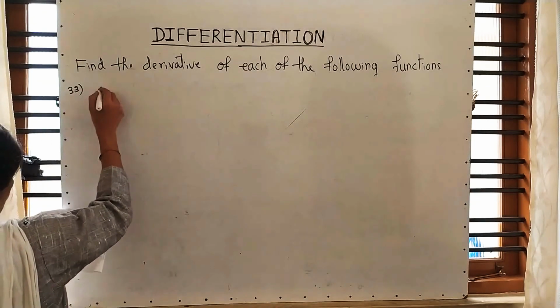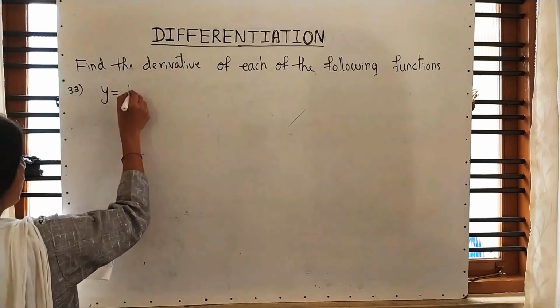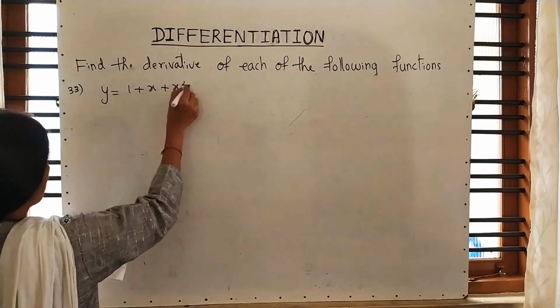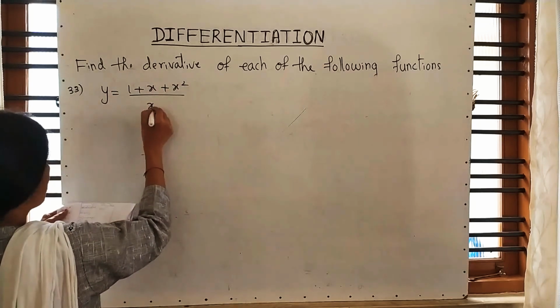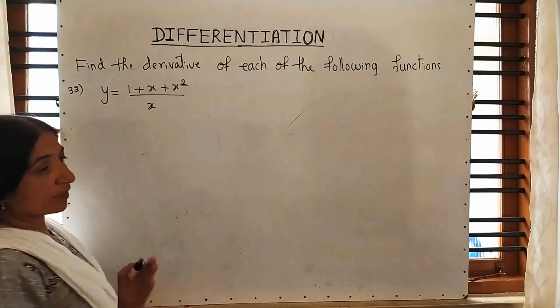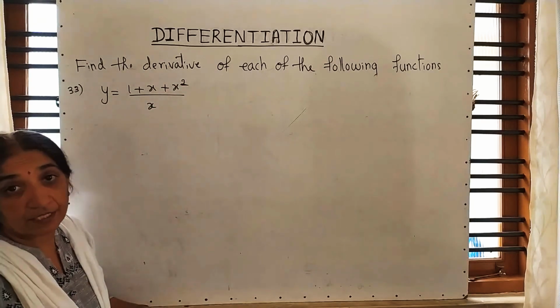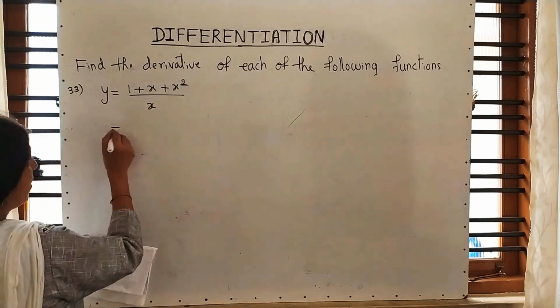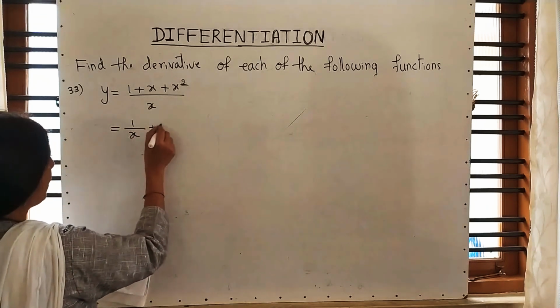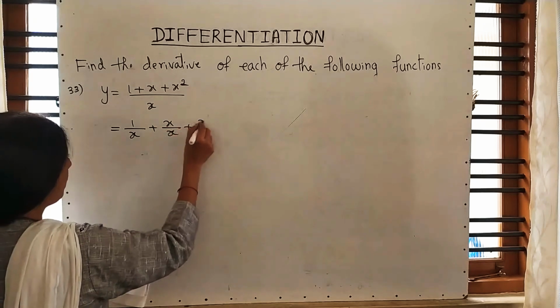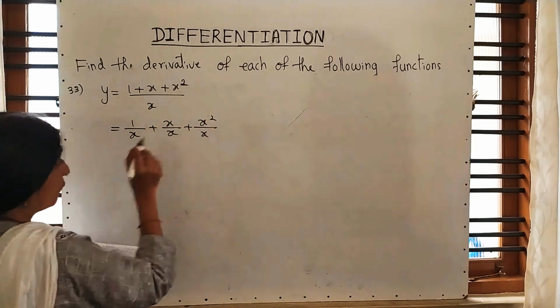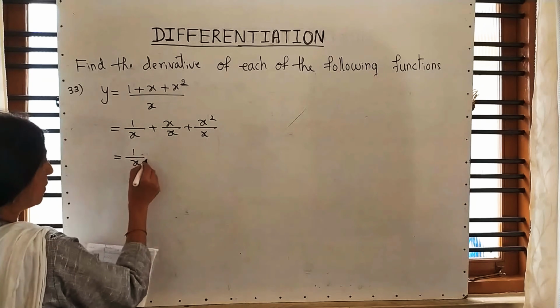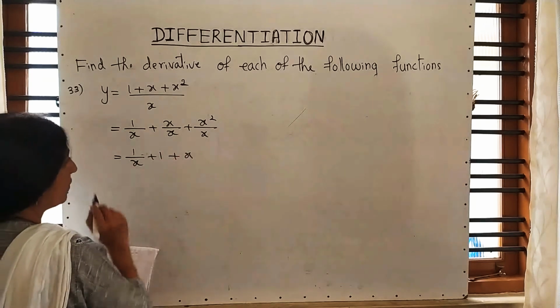33. See, here I am writing directly y is equal to, correct? Now this we can solve by two methods. One method is you can apply u by v method, the quotient rule. And in the denominator we have only a simple term, that's why I am writing like this instead of u by v. Before differentiation, I kept this as it is. This is 1 and this is x.